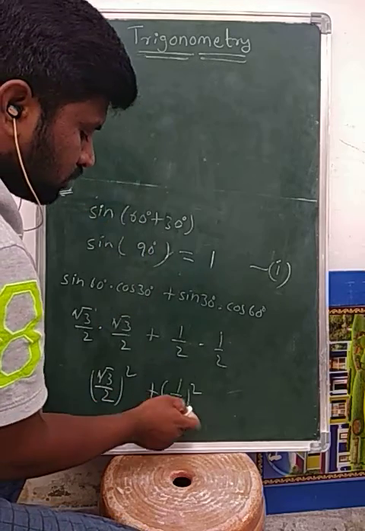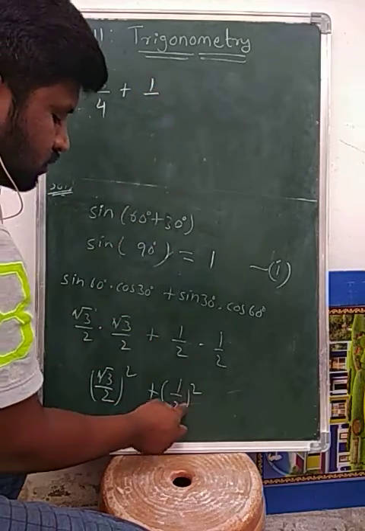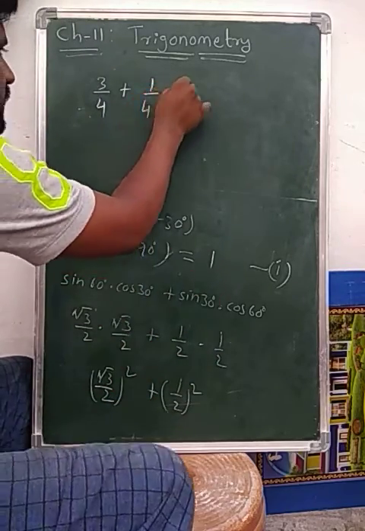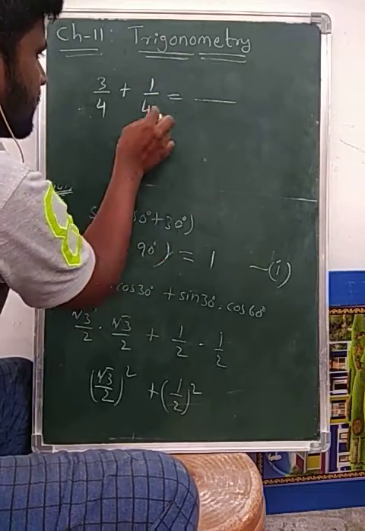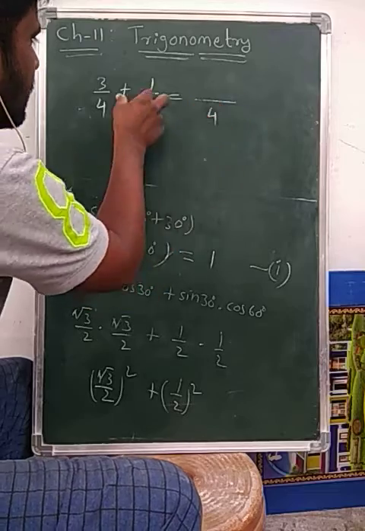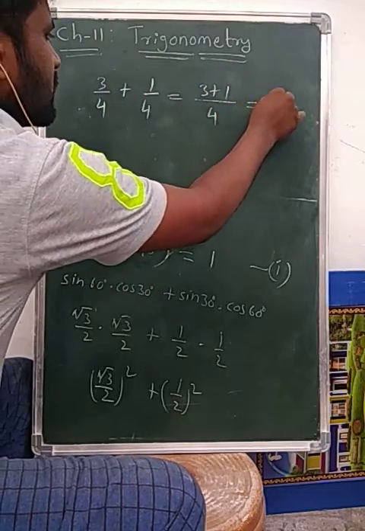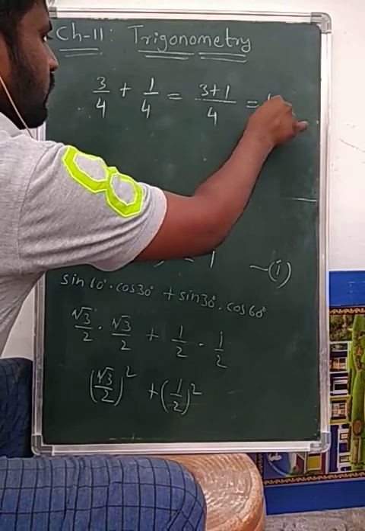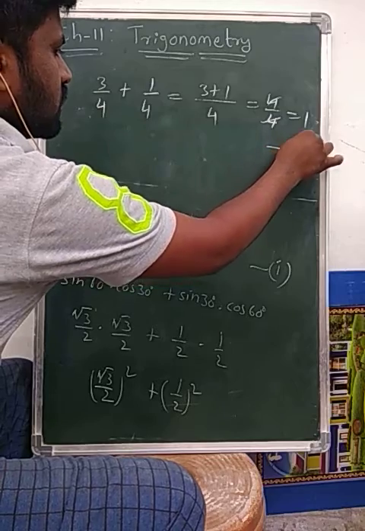Plus 1 by 2 whole square means 1 whole square is 1, and 2 whole square is 4. Clearly the denominators are same, so we get the common denominator 4, and by adding the numerators 3 plus 1, we get 4 by 4. 4 cancel means 1. So this is equation 2.